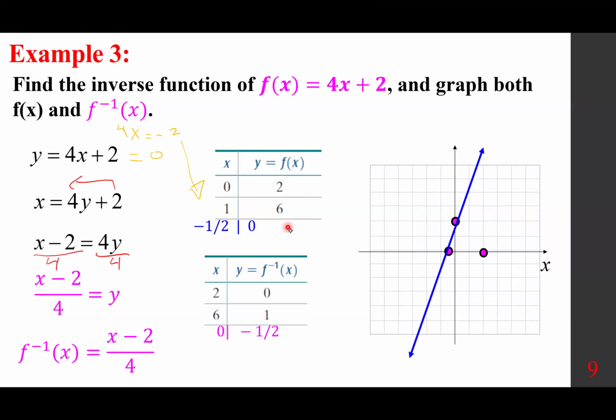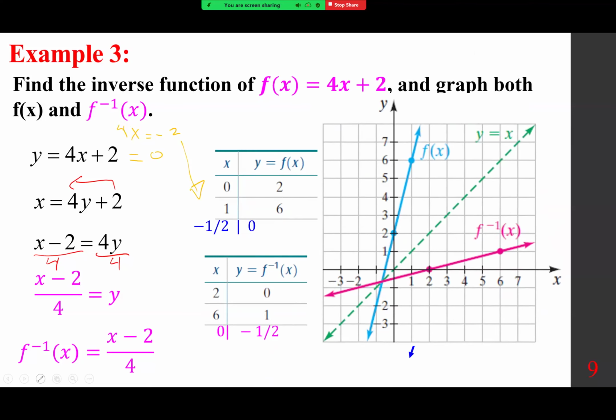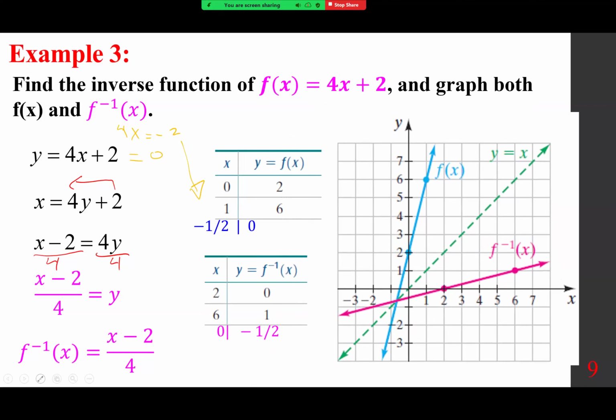So this is 2, 0 and 0, negative 1 half. Connect them. And you can see they are symmetric with respect to the line y equals x. This is the line y equals x. So we could write it in this fashion.